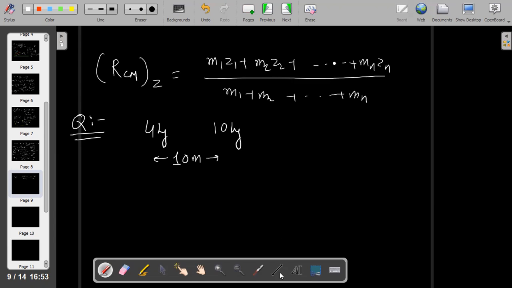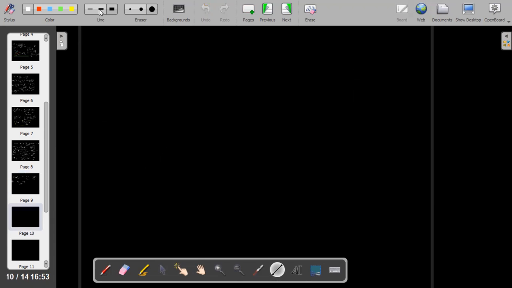How to do it? Look here. Two bodies are there at a distance of 10 meters.